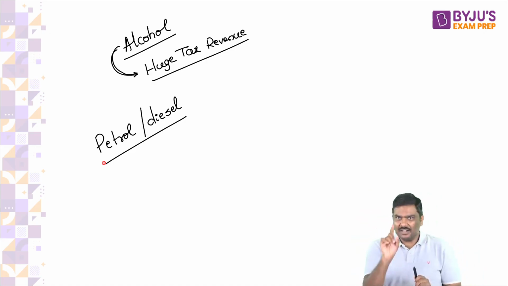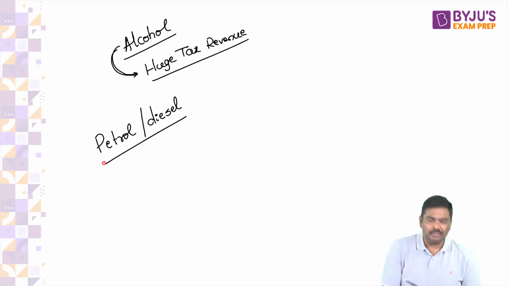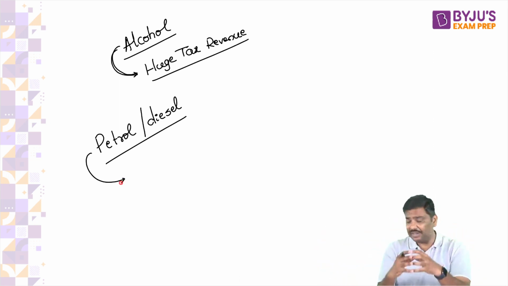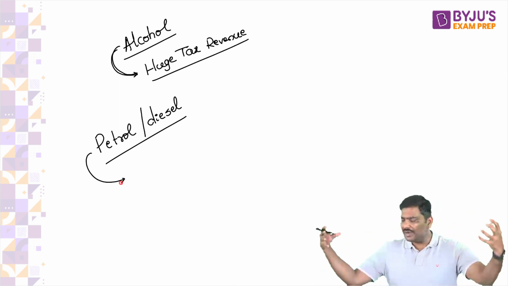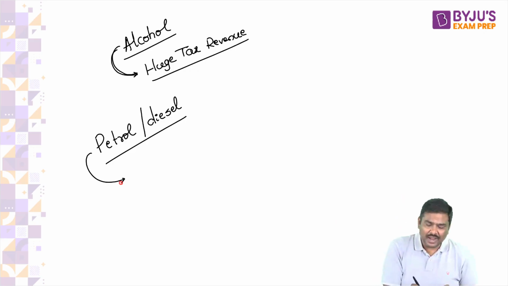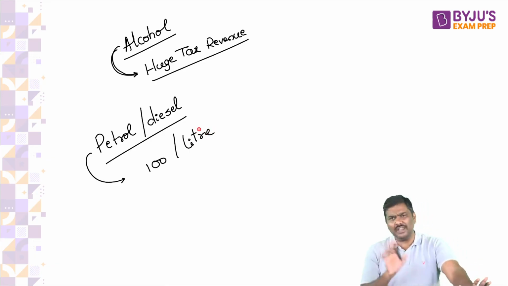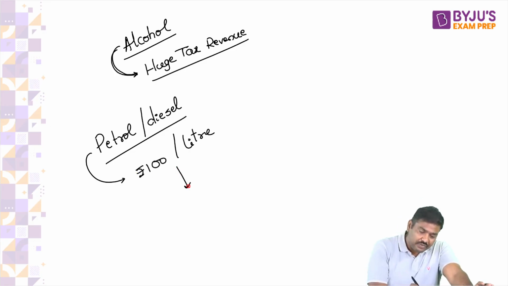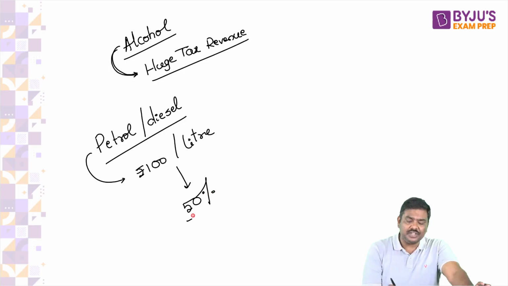Now, there is one factual piece of information that you need to remember. If you take central government and state government taxes, if you are paying 100 rupees per liter for petrol or diesel, don't worry which fuel, more than 50% of this price is because of the taxes imposed by the center and the state.